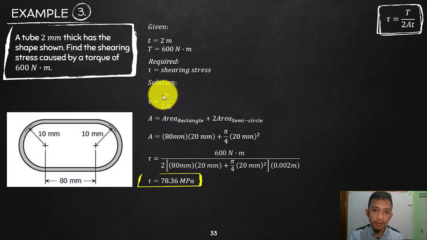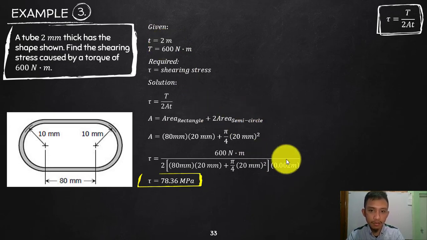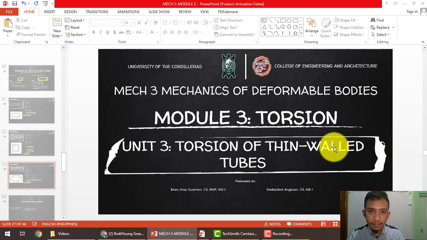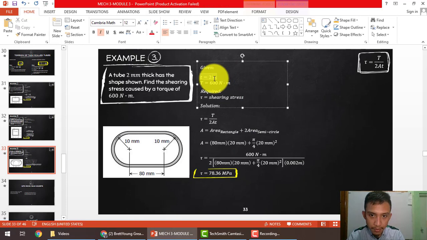So our formula again is tau equals T over 2 A t. Why is it that I will not convert the area? If this is millimeter squared, your meter there will be cancelled by the thickness. So for me, I will input the thickness in meter. Just a correction: that should be millimeter.